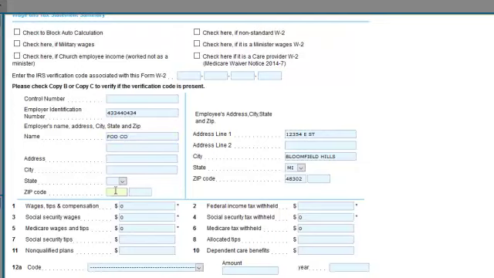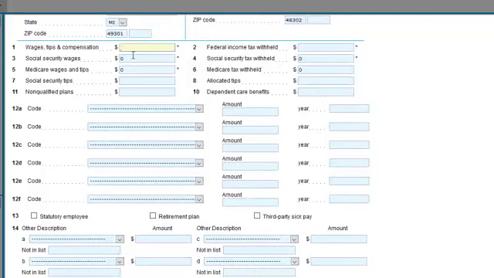And like I said, I like to pre-populate the address. And you have to have the zip code. And this is the address you're going to put in. The wages she made was $20,500, and tax withheld $3,034.